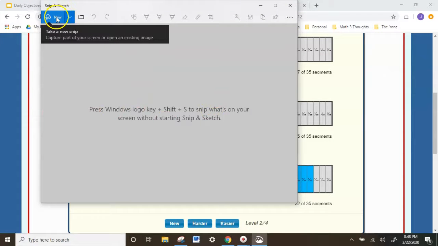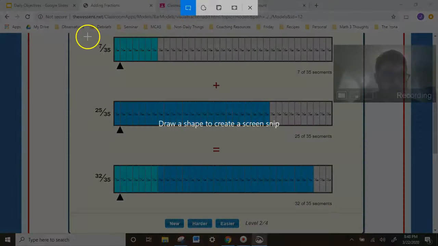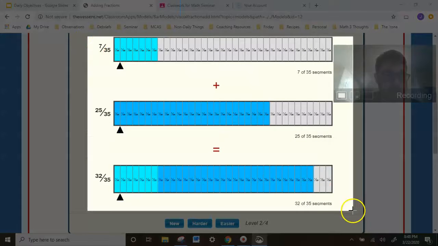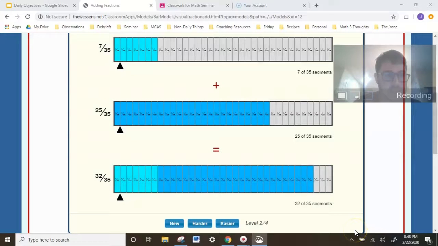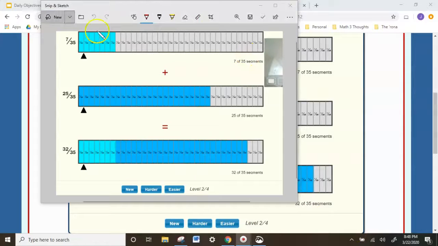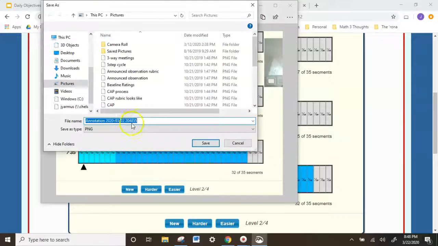I want you to go here, take a new snip, click new. I want you to collect this whole piece. And then I want you to save it. I want you to write exit ticket 3.23, save.